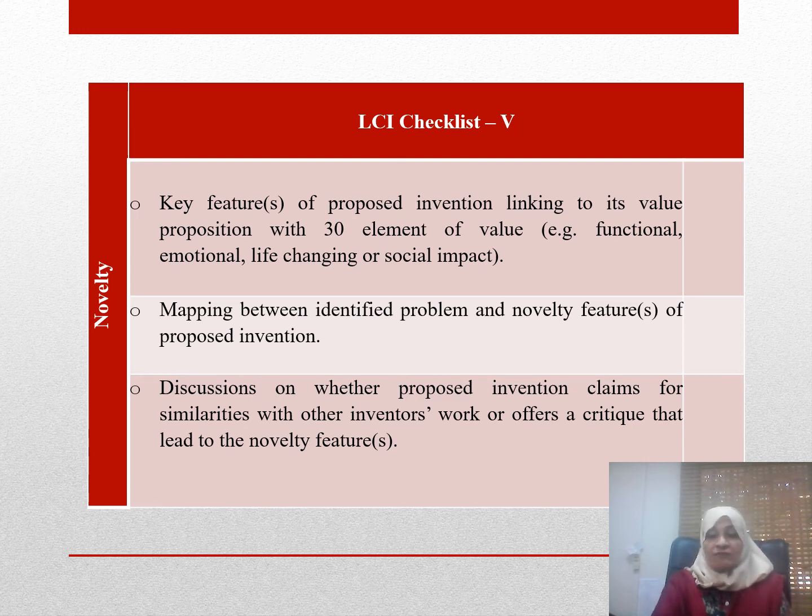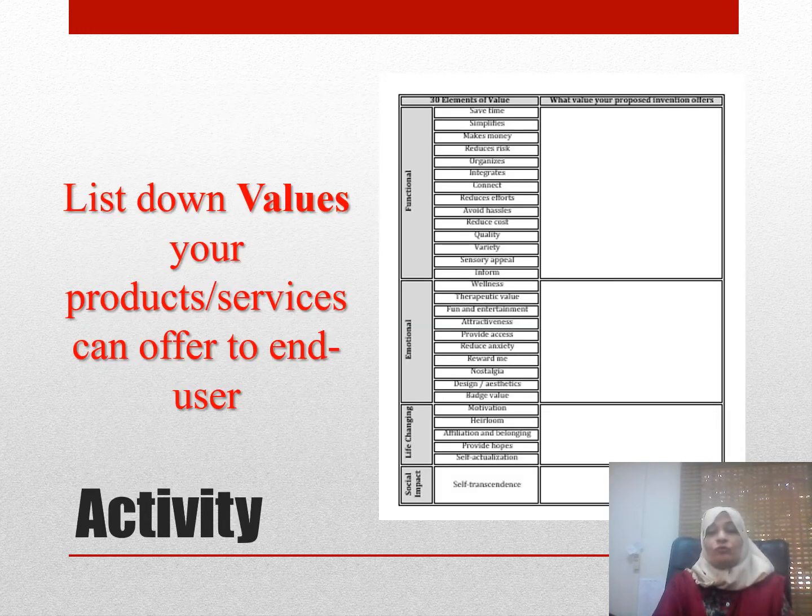So once this whole information is clear in front of you, you need to do another assignment from this class. This assignment would be connecting your points of invention with the value pyramid elements.